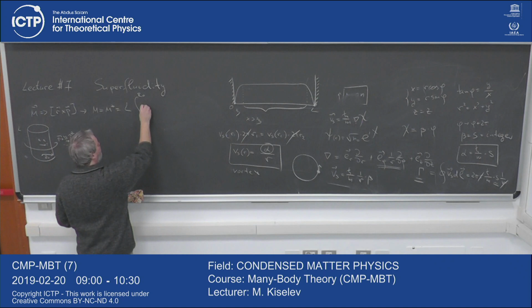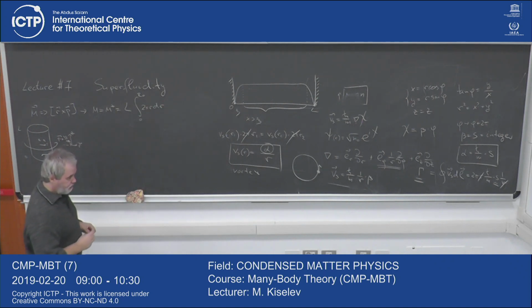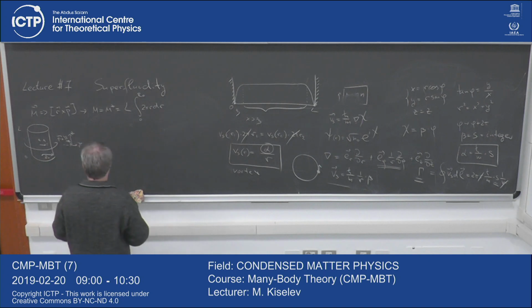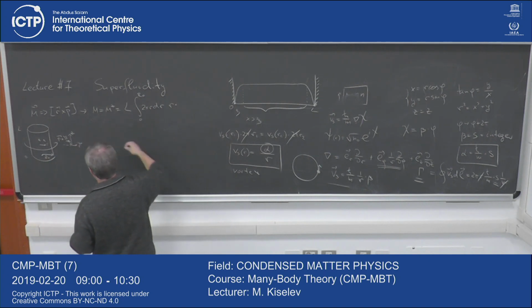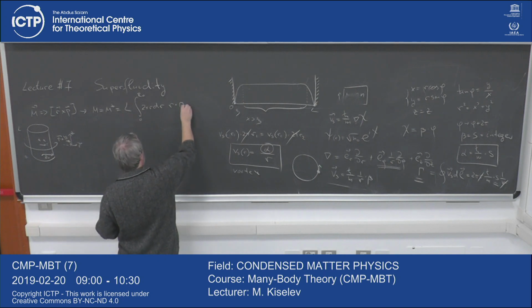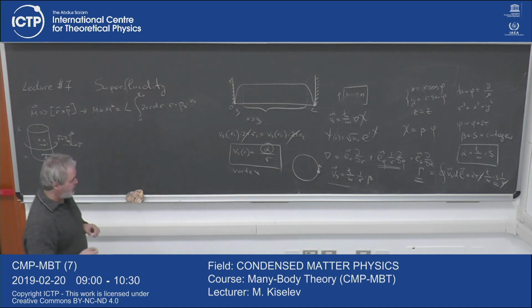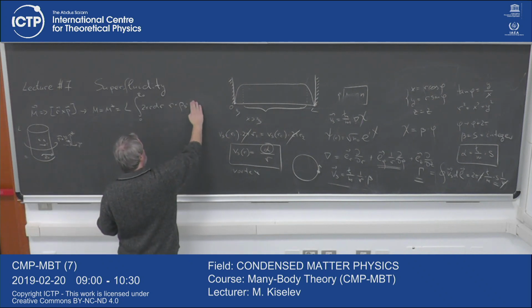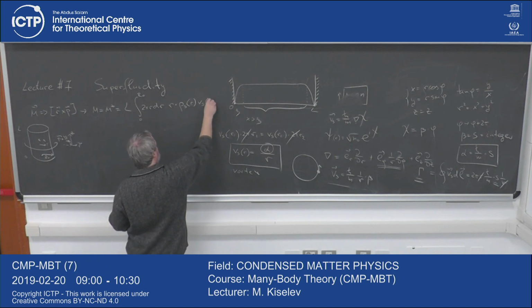So first of all, I have 2 pi r dr. And then I have r times rho s times vs. Rho s depends on r, and vs depends on r.